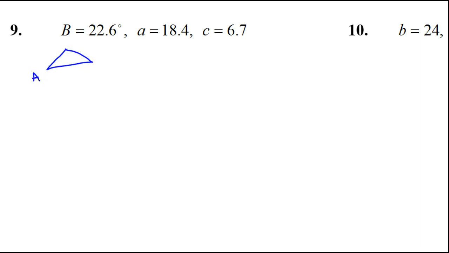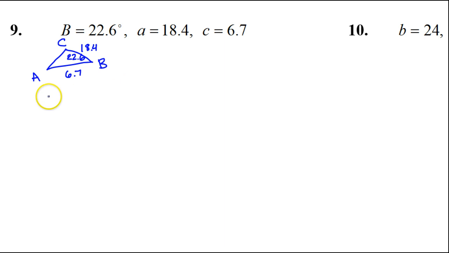So say if I were to put angle A, B, and C here, then we're given angle B is 22.6, and then side A is 18.4, and side C is 6.7. So right away you see that this is a side, angle, side situation.